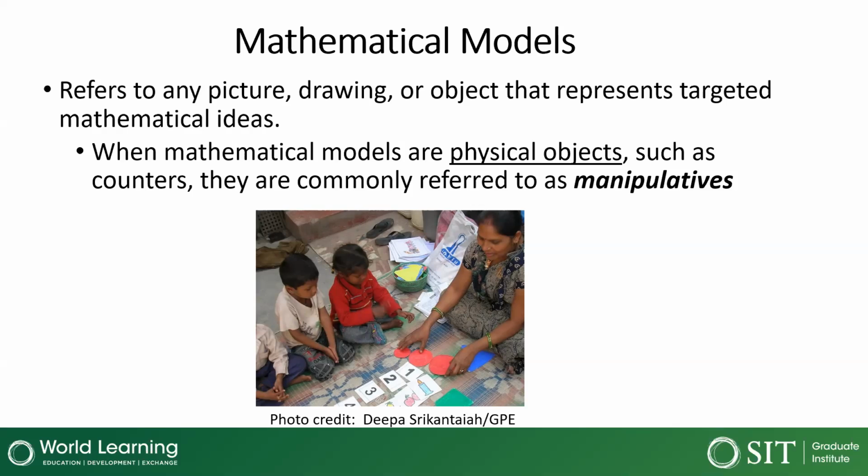And they can also work with pictorial or drawn models, and some other examples I'll go through in the presentation. But eventually the goal is to support children so that they're able to reason with abstract symbols and ideas without any mathematical models of those symbols. So then they'll start to independently think about these ideas on their own.